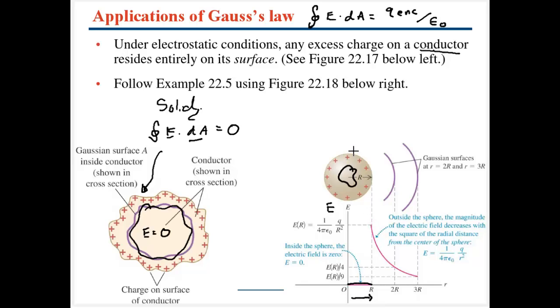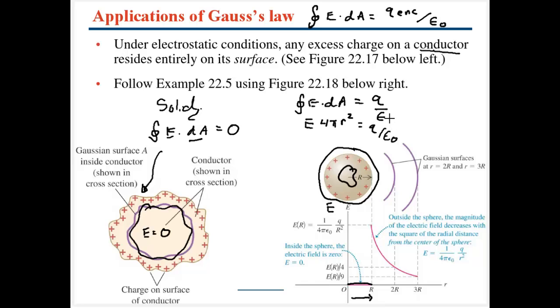Now if we wanted to figure out what the electric field is outside of this sphere, and I draw another perfect sphere outside of it, we're going to say that the integral of E dotted with dA must be equal to the charge enclosed, which we'll say is Q for this particular sphere, divided by epsilon naught. I've drawn a sphere, so the integral of E dotted with dA is just going to be E multiplied by the surface area of the sphere, 4 pi r squared, equal to Q enclosed divided by epsilon naught.